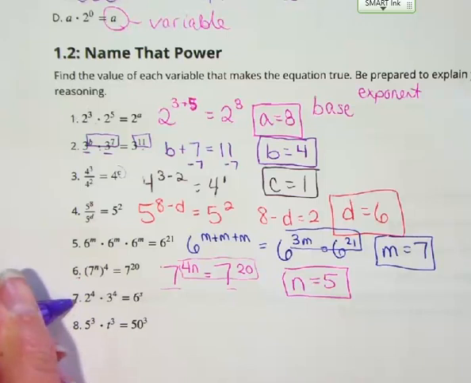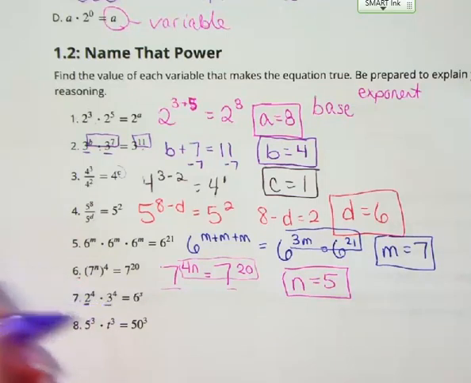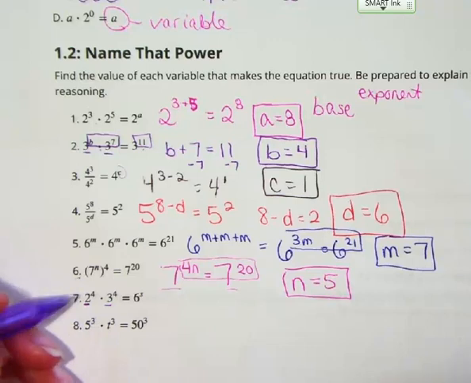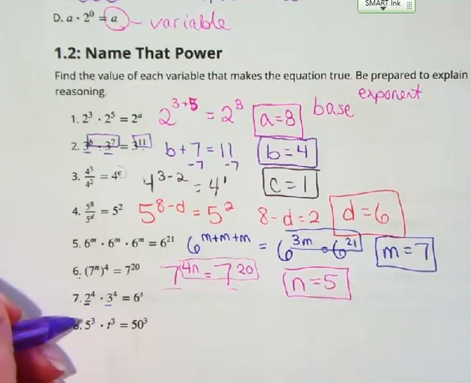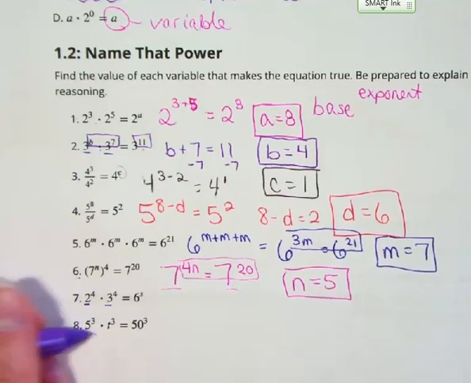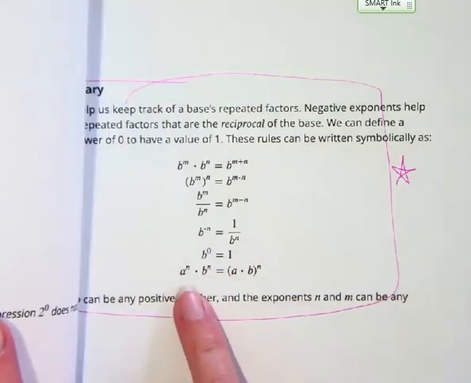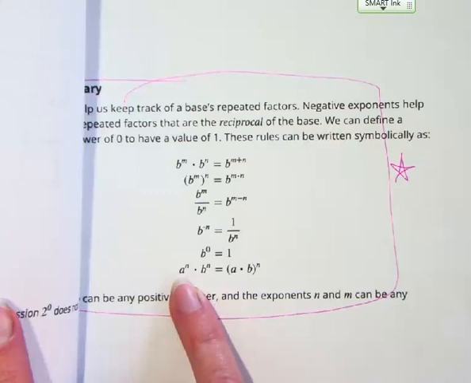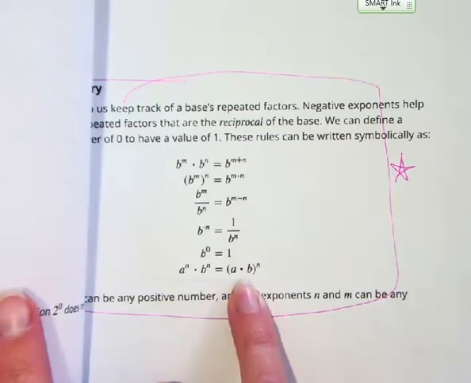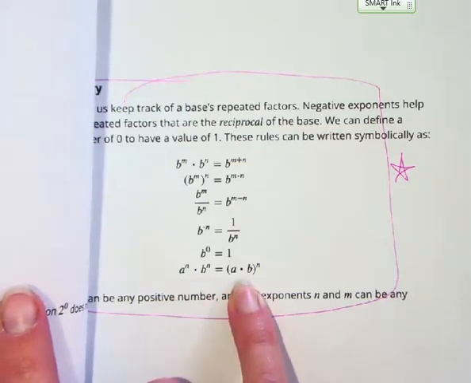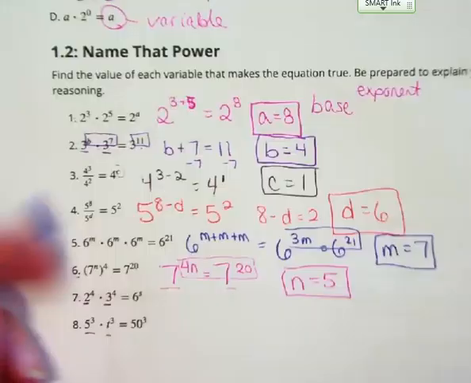Seven looks a little different. Notice that it's got different bases. It's got a 2 and a 3. So 2 different bases. Watch out for that. And in 8, I don't know the other base. So I'm going to look for a rule where I have 2 different bases. And it's this last one down here, that if we have 2 different bases to the same exponent, we can multiply those bases together first and bring it up to that same exponent.